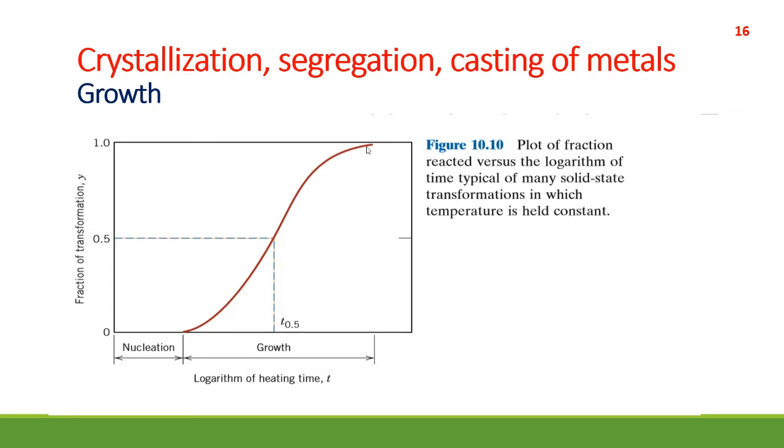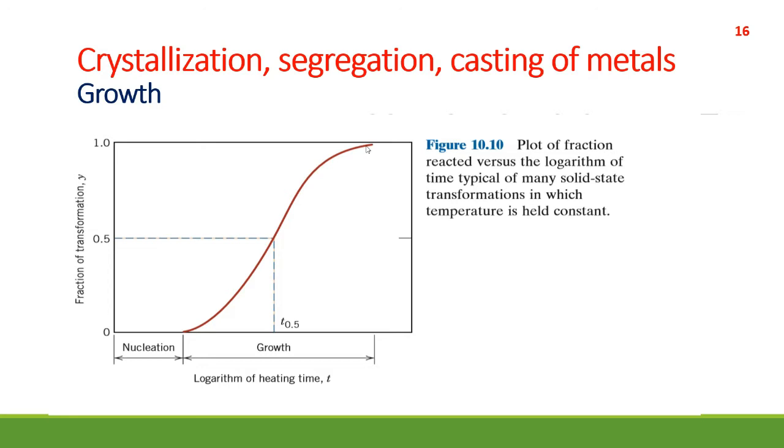When you see 1, that means the whole system is fully transformed. From here we can see that after the nucleation there was a good increase in the growth, and it has reached a maximum. And here you see there is a region where the growth is in a steady condition.